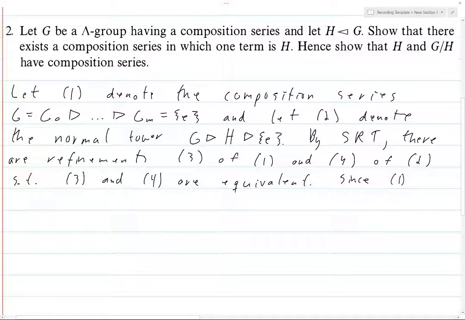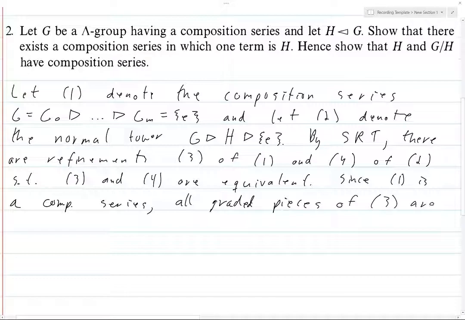Okay, so since 1 is a composition series, all graded pieces of 3 are either simple or trivial, because all graded pieces of 1 are simple, and in particular they're non-trivial.